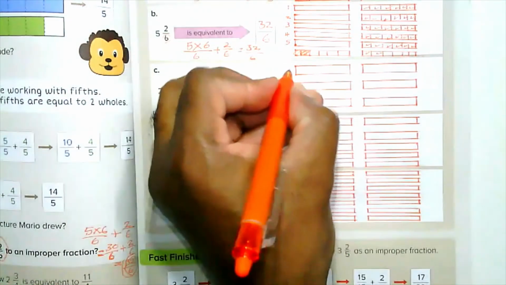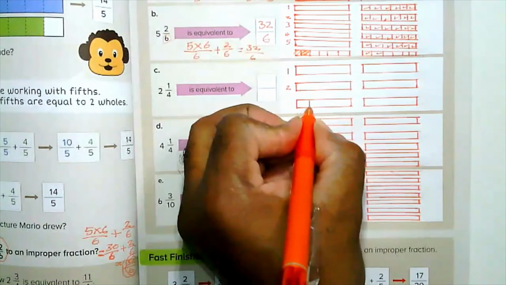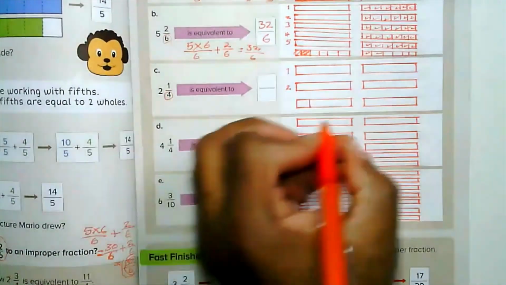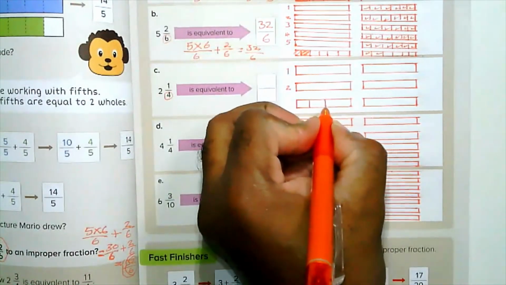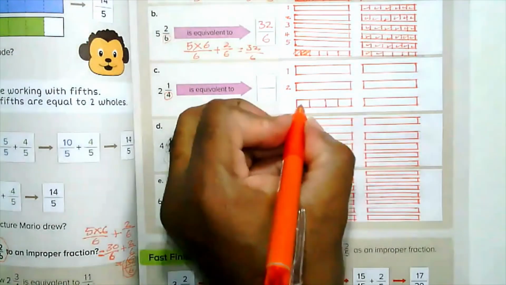Two whole numbers, so we have 1, 2. And the third one, split it into 4. The denominator is 4, so we have 1, 2, 3, 4. And 1/4 is shaded.